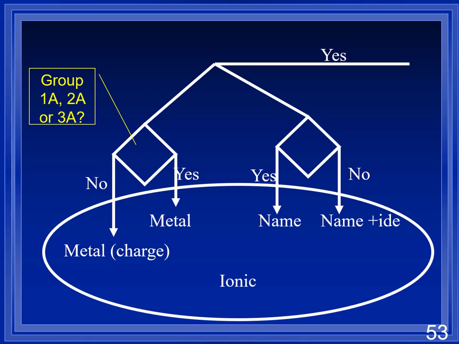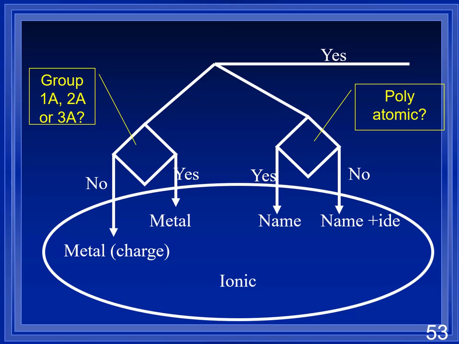Calcium ion. Calcium doesn't need a Roman numeral because it's in group 2A. If the answer to that is no, then you've got to figure out that charge and put it in parentheses. Thorium, I had to figure out it was 2. That's how I'm going to get the first name. The first name is going to be the name of a metal. Sometimes it gets Roman numerals, sometimes it doesn't.